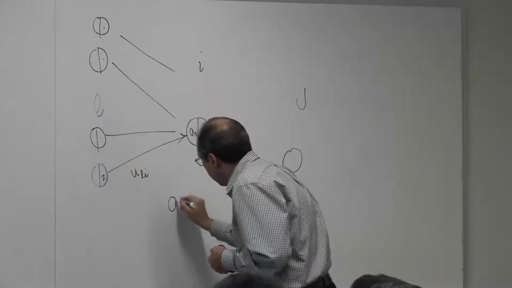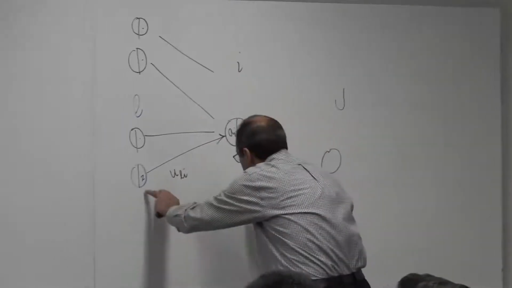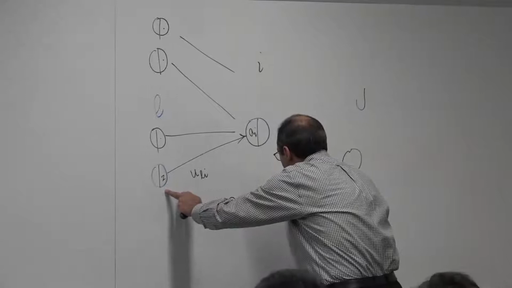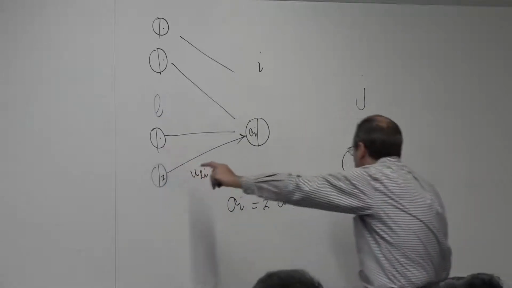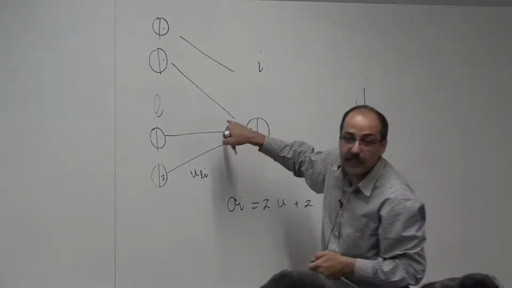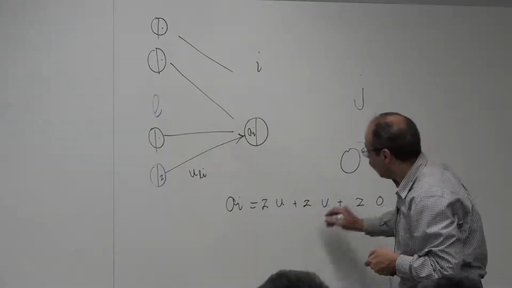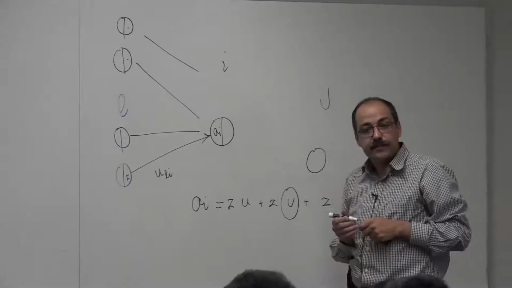So basically AI is this Z times corresponding weight plus this Z times corresponding weight plus this Z times corresponding weight. And now I'm taking derivative of AI with respect to one of these weights.